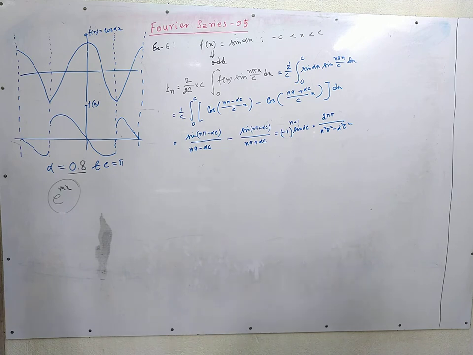Now the n dependence goes as 1 by n because there is an n factor in the numerator.